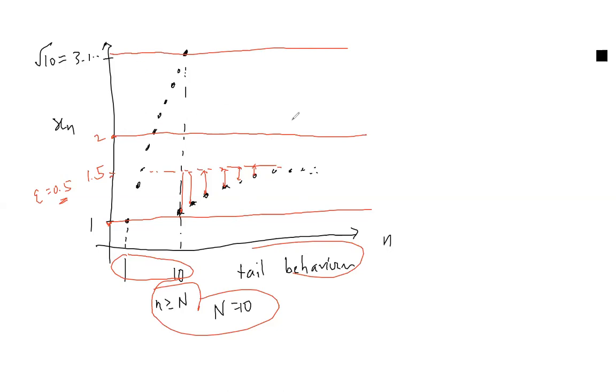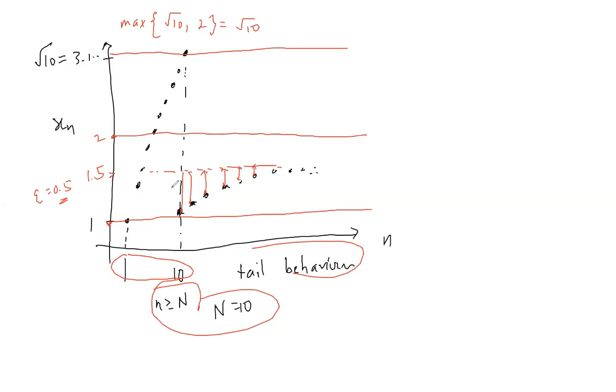So the whole sequence is bounded by whichever one is larger. The max of the square root of 10 and 2 is the square root of 10. So the whole sequence is bounded by the square root of 10, because it cannot go beyond that. At most, it reaches the square root of 10 when n is equal to 10, and after that it never exceeds it.